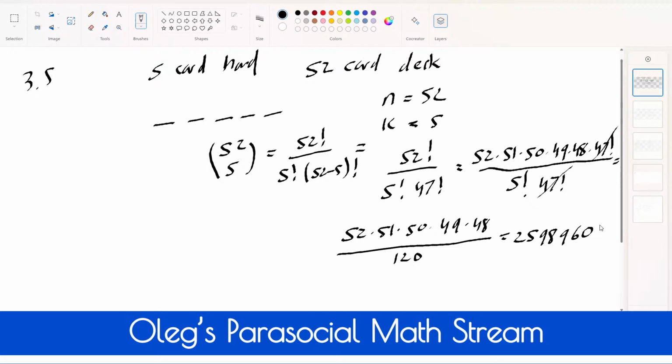There's almost 2.6 million ways that you can get a 5-card hand from a 52-card deck. It's pretty wild. That is wild if you think about it. Yeah, it's pretty interesting.